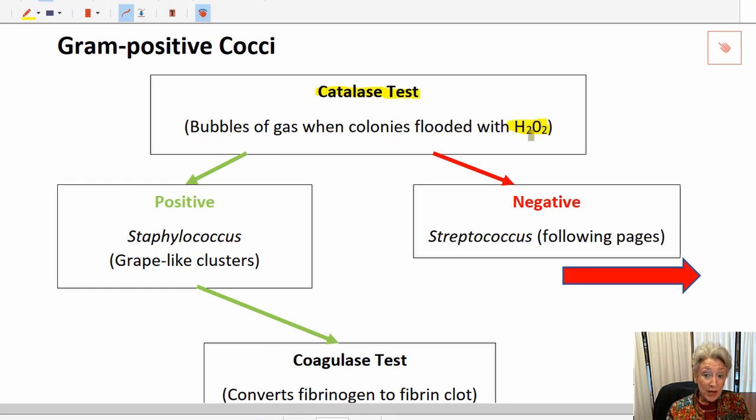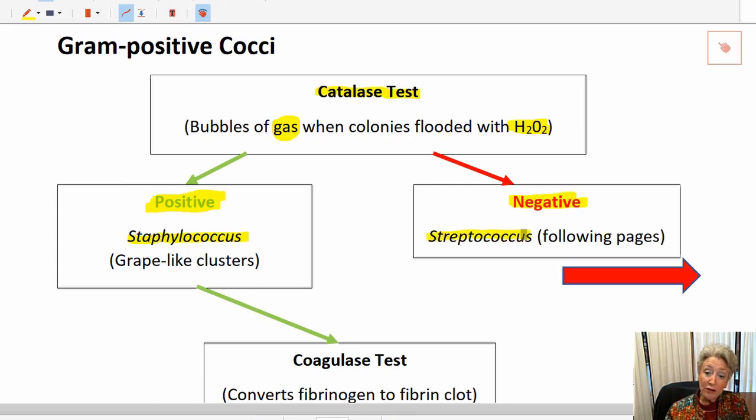If the organism is making catalase, then you will bubble up water and singlet oxygen. And so the gas, of course, is the oxygen that you're seeing. If it's a positive result, then you know that you have the genus Staphylococcus. If you get a negative result, then it is the genus Streptococcus.